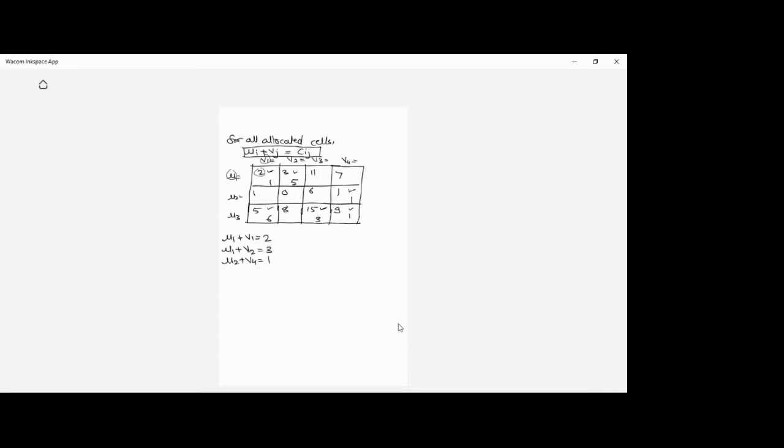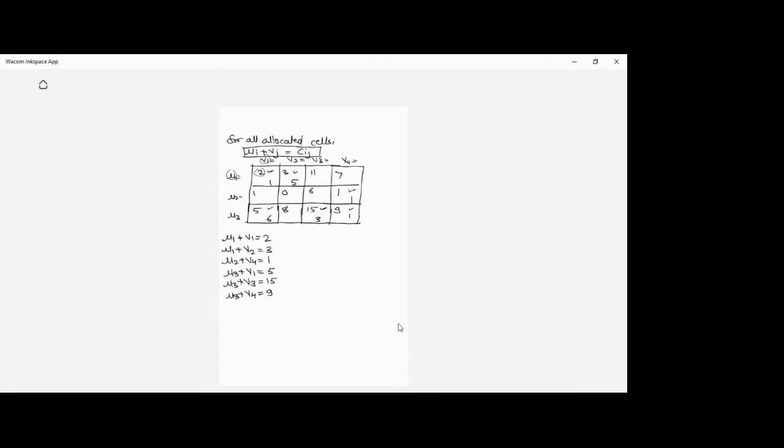For the next allocated cell in row 3, I can write u3 plus v1 is equal to 5, right? I can write u3 plus v3 is equal to 15, and lastly I can write u3 plus v4 is equal to 9, right?